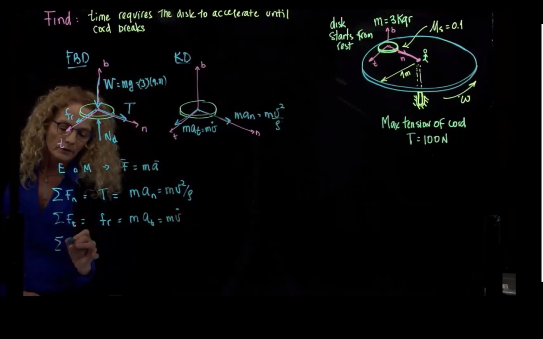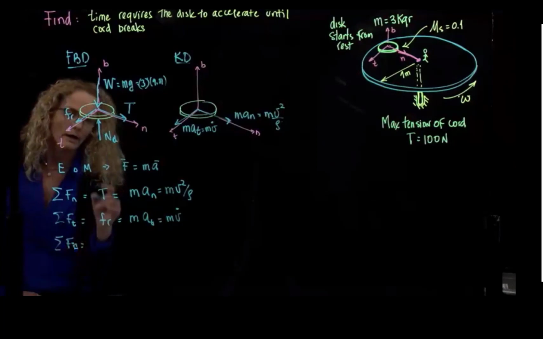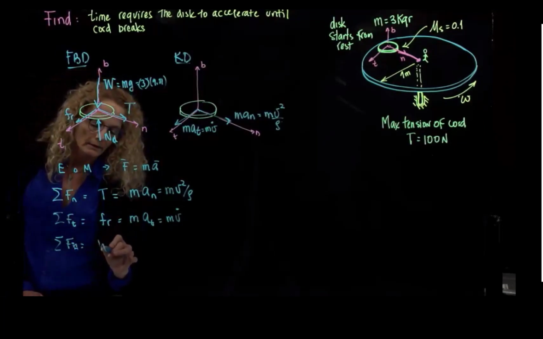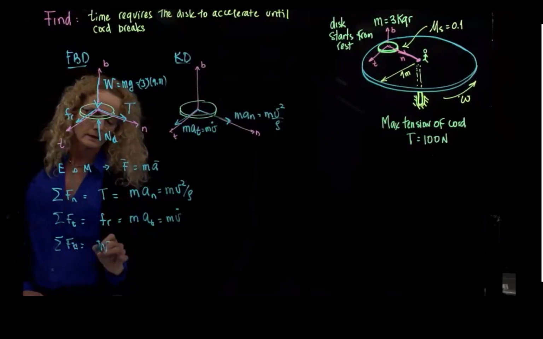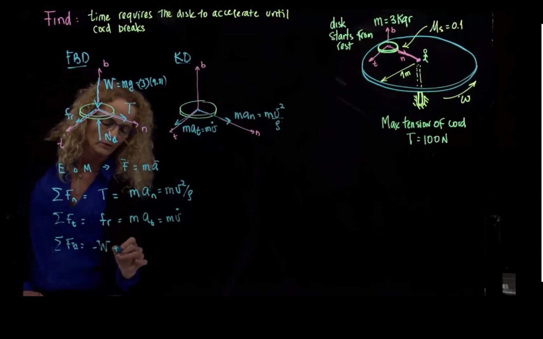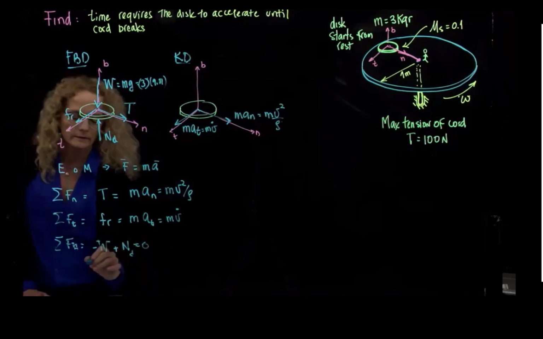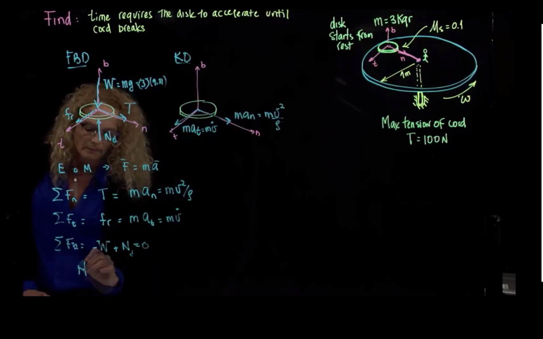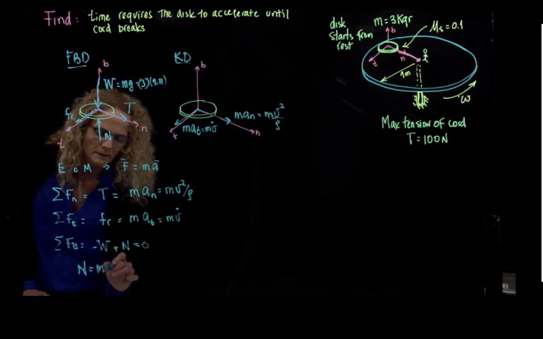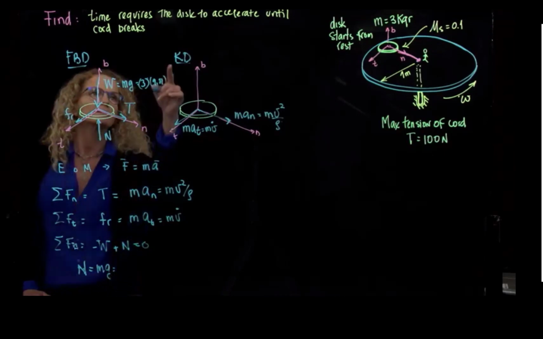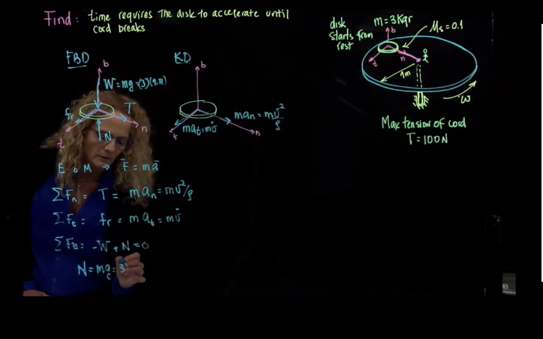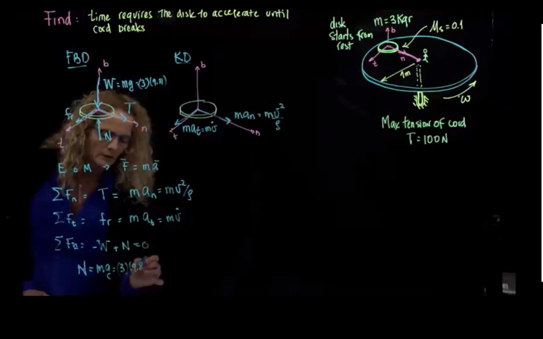And in my vertical direction, I have weight, negative, plus normal of the disk. And here I can say that the normal force of the disk will be equal to mass times gravity, and mass is given, which is 3, gravity is given, which is 9.81.